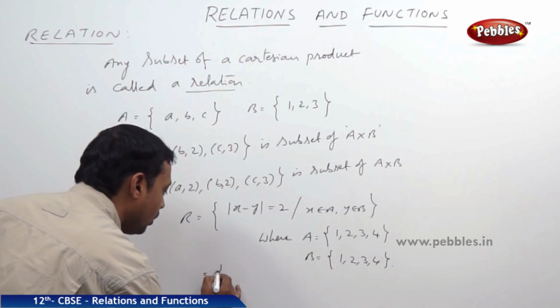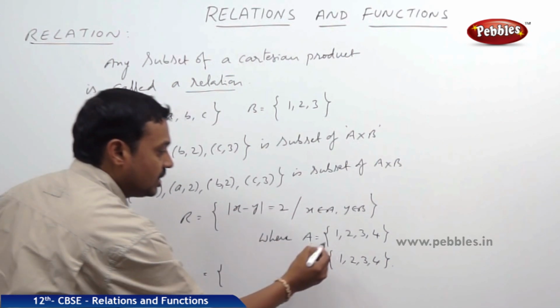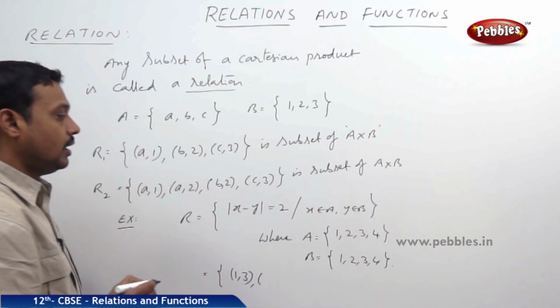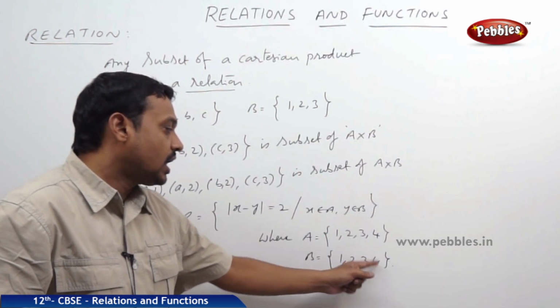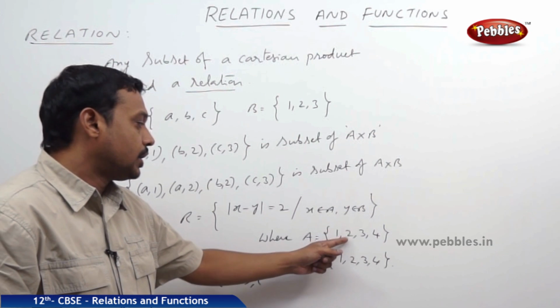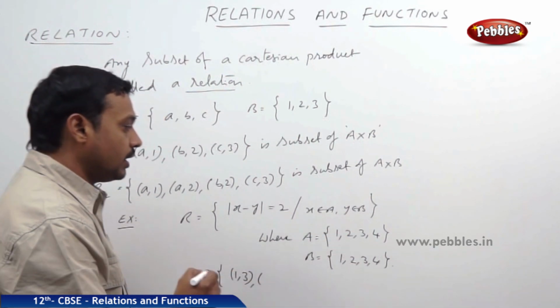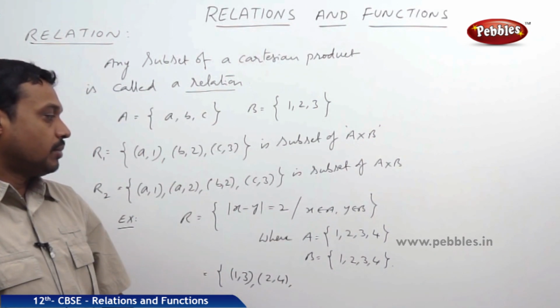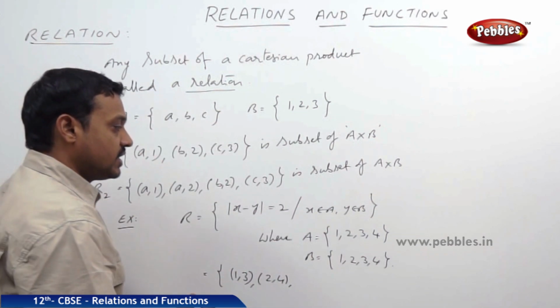So the possible ordered pair satisfying this condition is (1,3). Next, any more? (1,4), not possible. And (2,2), (2,3), (2,4): yes, the second one, (2,4), because 2 minus 4 again satisfies the same.